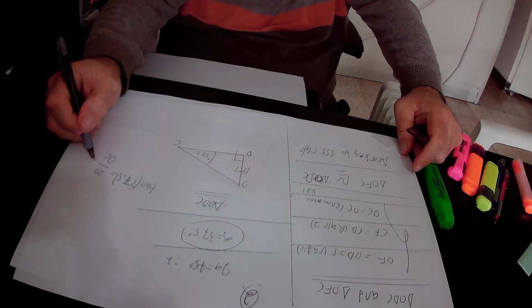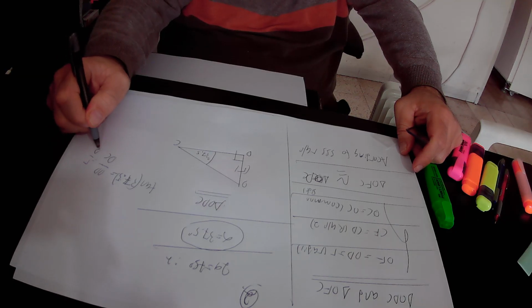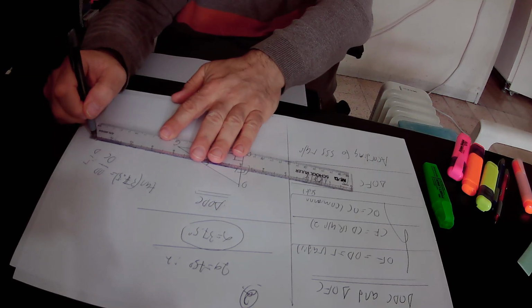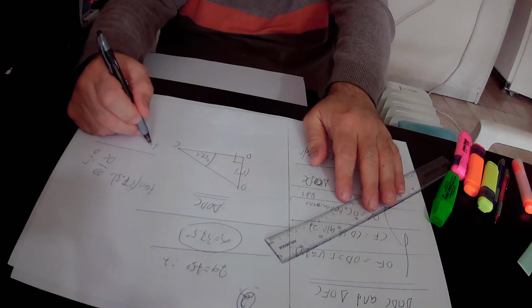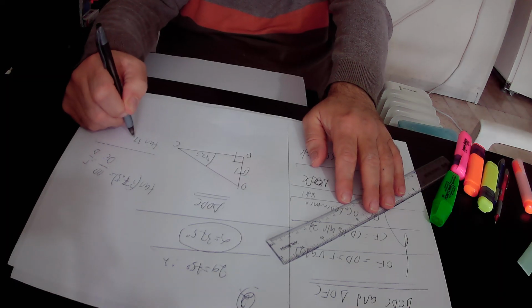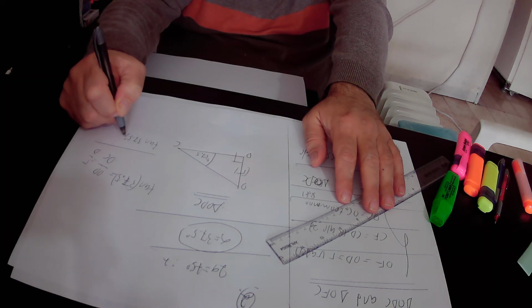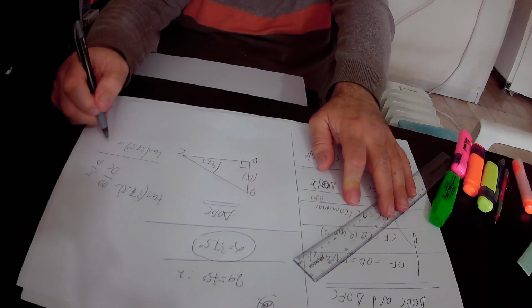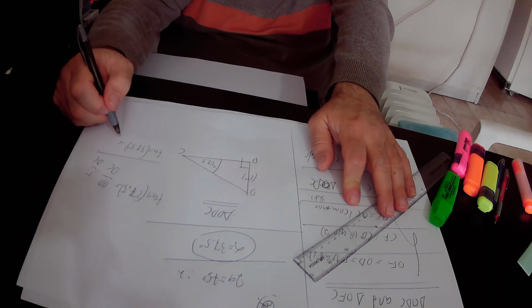OD is R, so it is R over DC. So we found out that tangent 37.5 degrees equals R over DC.